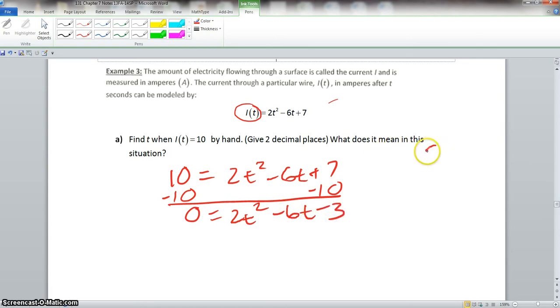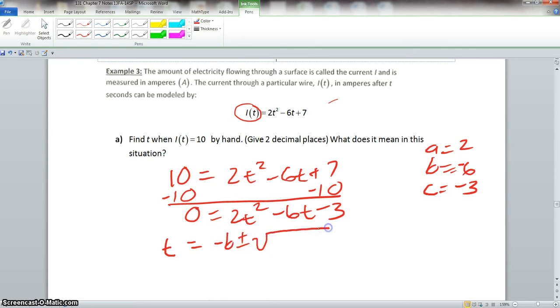Now we can list our A, B, and C. A is 2, B is -6, and C is -3. So now we will have t, which represents our x, is equal to, now we know we will still have -b plus or minus the square root of b squared minus 4ac all over 2a.